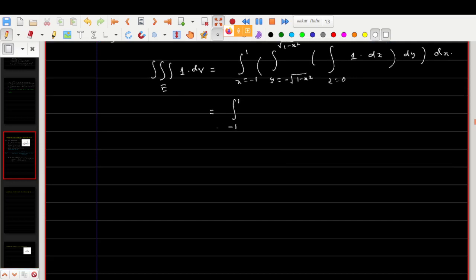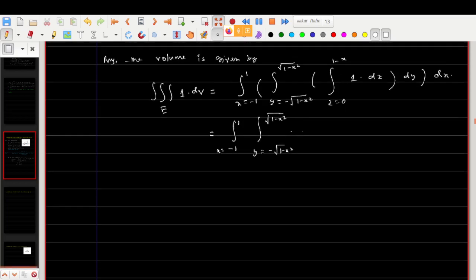Minus 1 to 1, x equals to this, y equals minus root over 1 minus x square to root over 1 minus x square, and there is a constant function, so integrating it will be z. Ultimately, by putting the limits it will turn out to be dy and then dx.